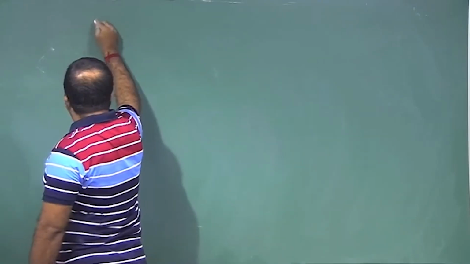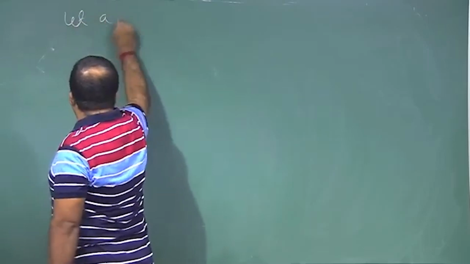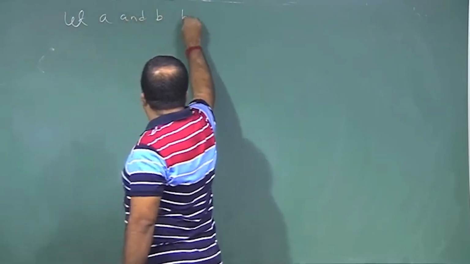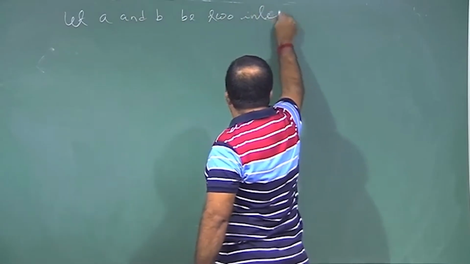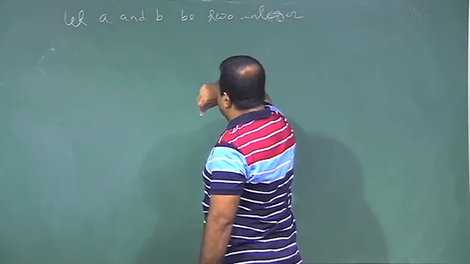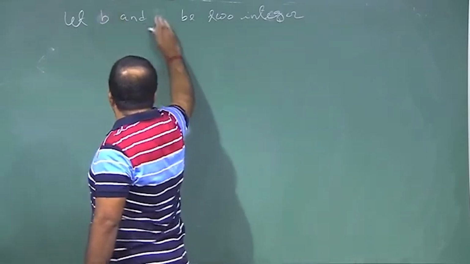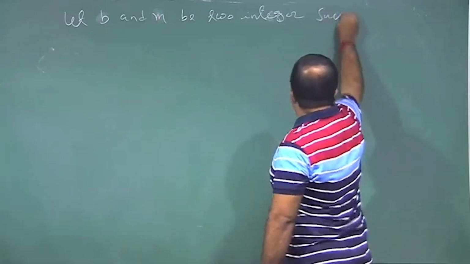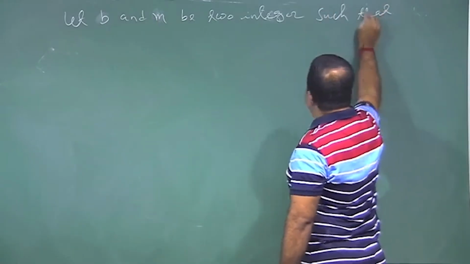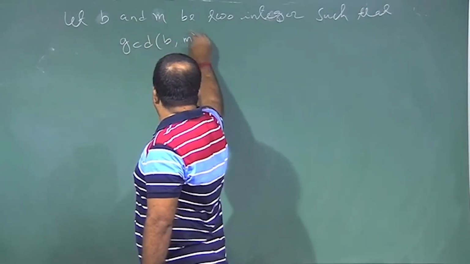Now suppose we have two integers, b and m, such that the GCD of b and m is 1.